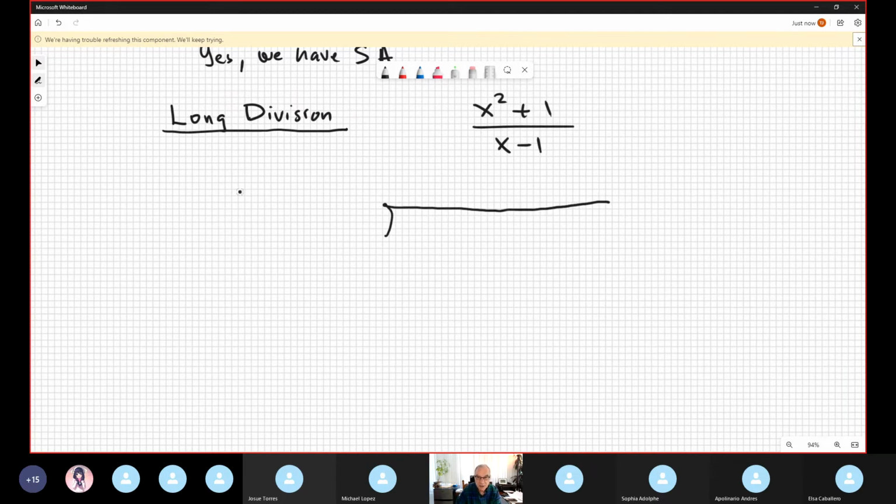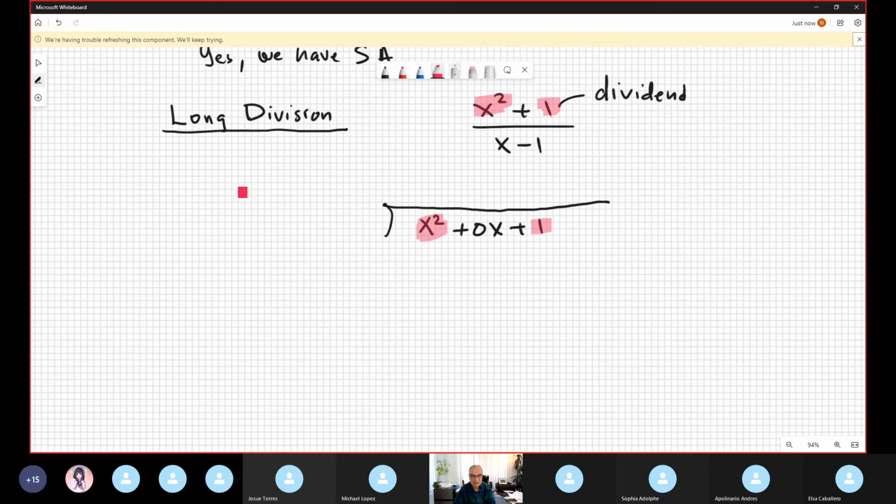You copy the dividend inside the box. But very important, when a monomial is missing, you put a 0. So we have no linear term. You copy this: this is x squared, x is missing so 0x, and this is the constant 1.